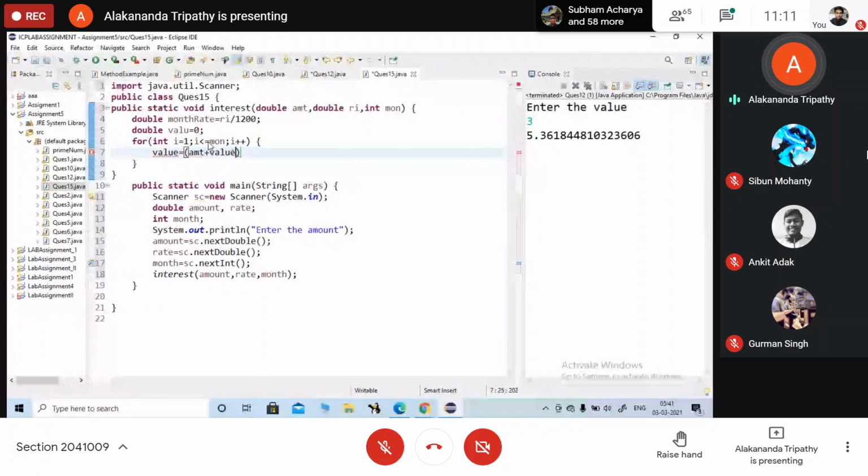Initially it is 0, into 1 plus month rate. Okay.